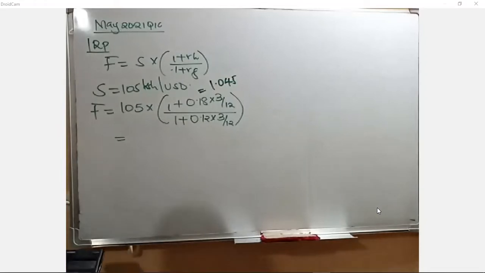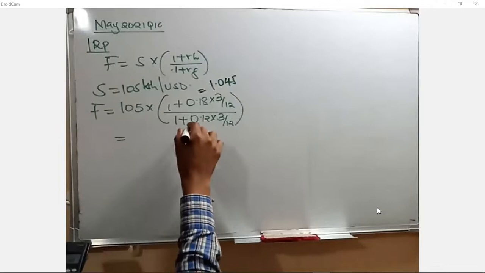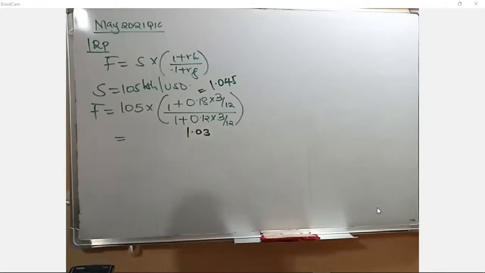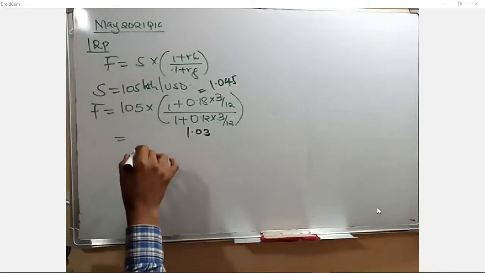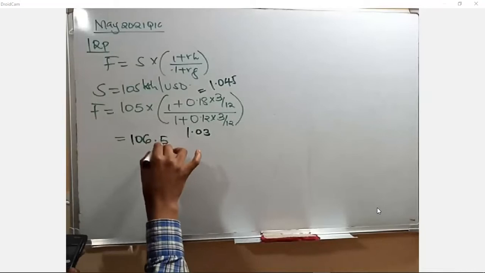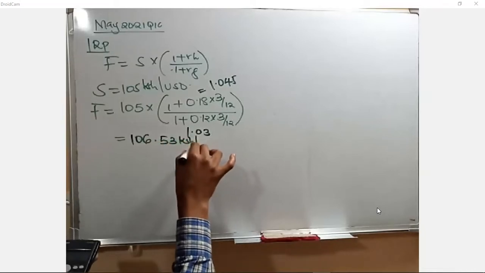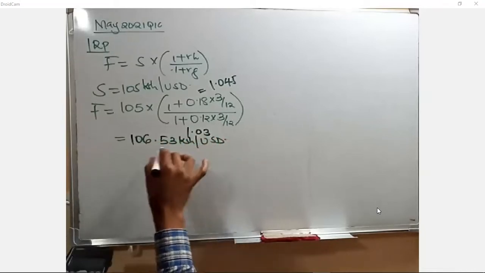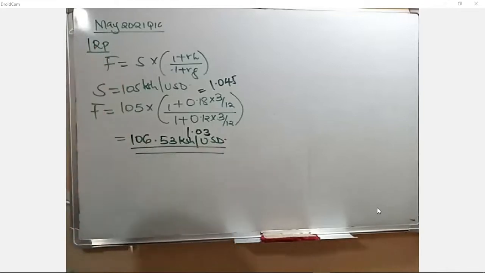Then the denominator here, 0.12 times 3 divided by 12 plus 1, you get 1.03. So 1.045, you divide by that answer, then you multiply by 105. So the forward exchange rate of ours will be 106.53 Kenya shillings per US dollar.